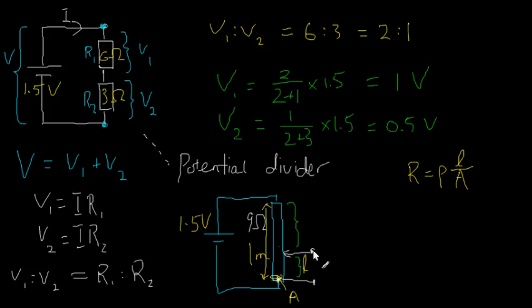So if I call this V2, right, so this is V2 like this, and that's V1 like this.